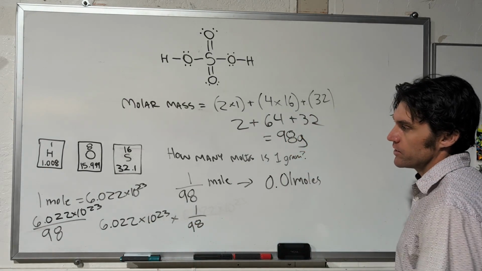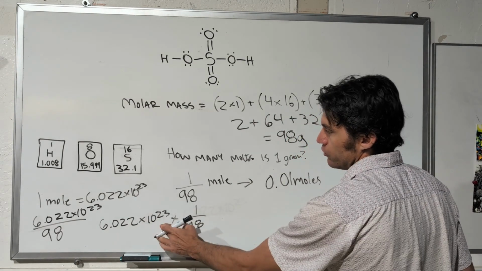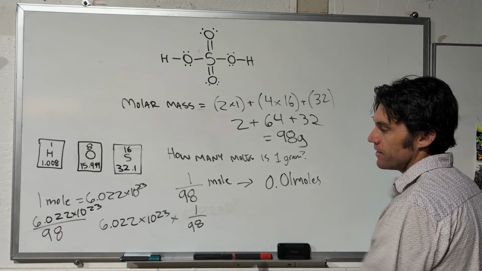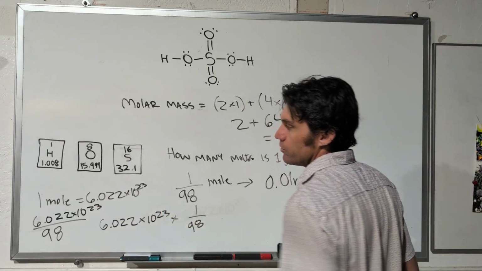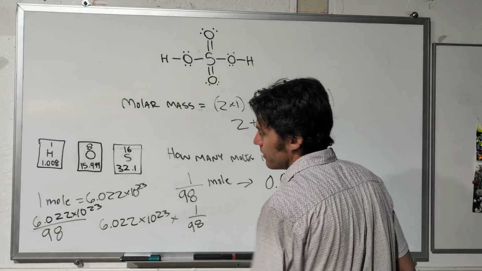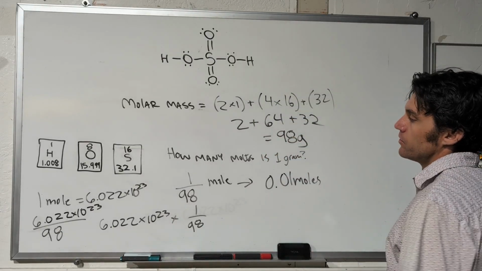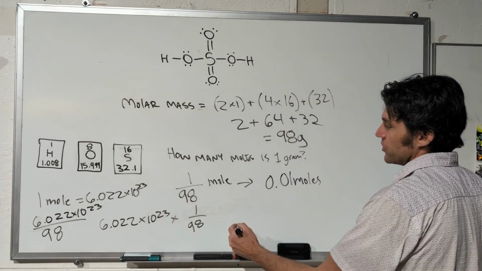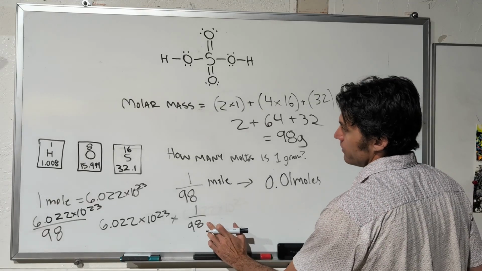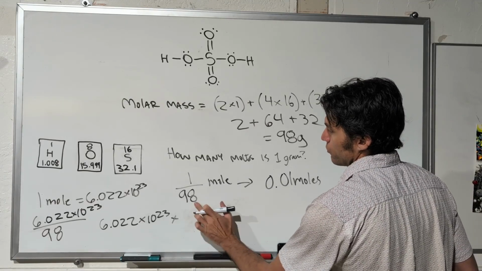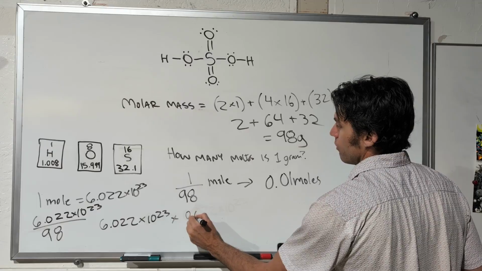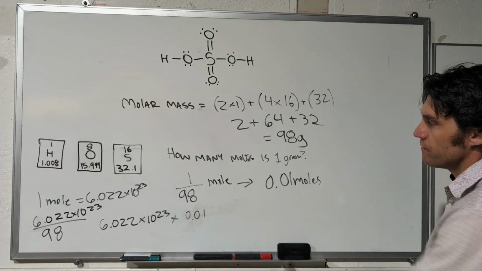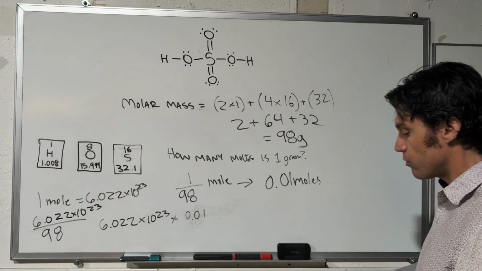That's the same thing, which is the same thing as writing it as 6.022 times 0.01, because 1 divided by 98 is 0.01.